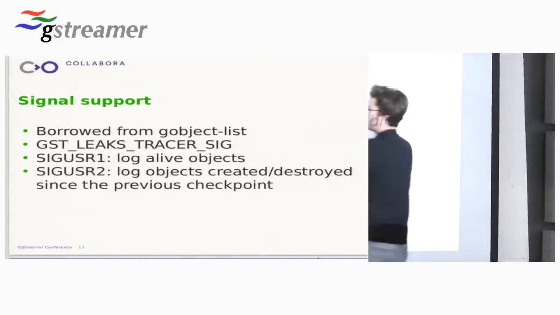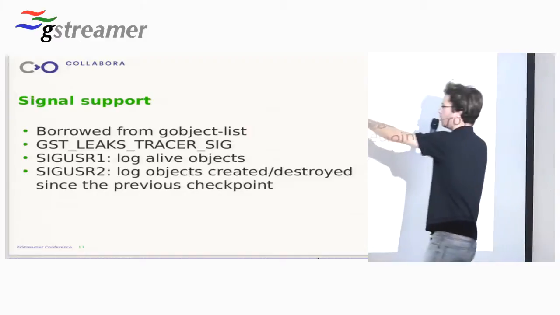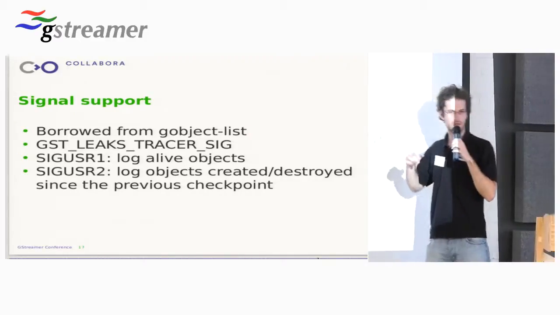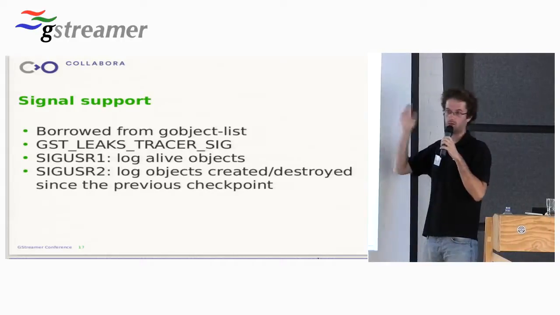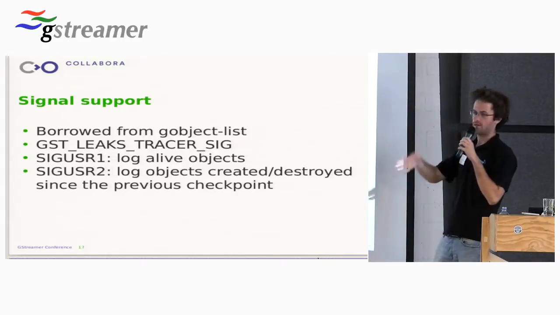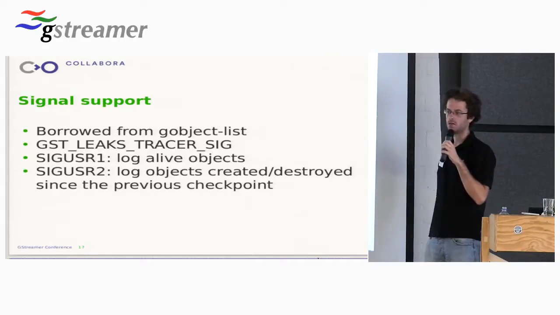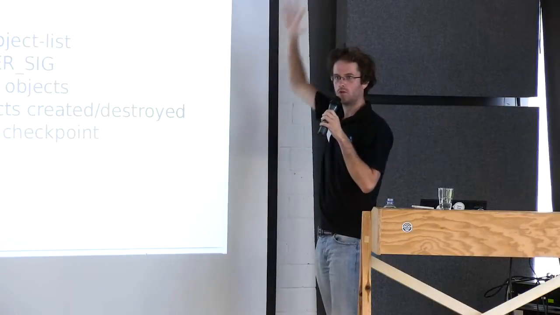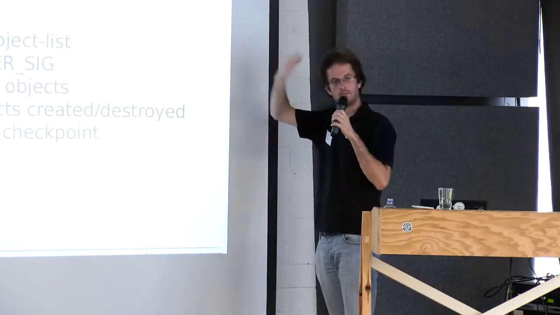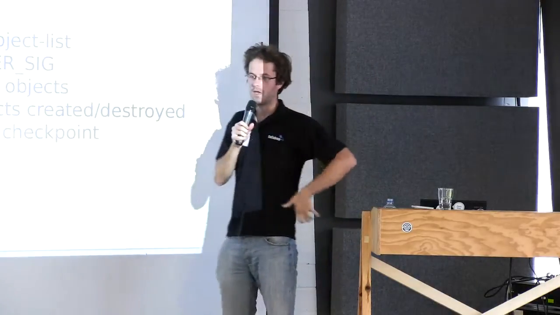When it catches the SIGUSR1 signal, it's going to log all the alive objects. So that means you can have your application running, like a GUI application, like a video player or something. You send this signal using the kill command on the command line, and you'll have in your debugging output all the objects which are currently still alive. So that may help you to see what's going on in your application.